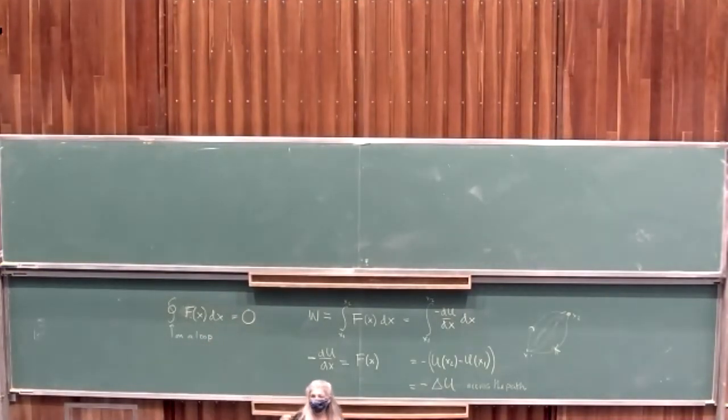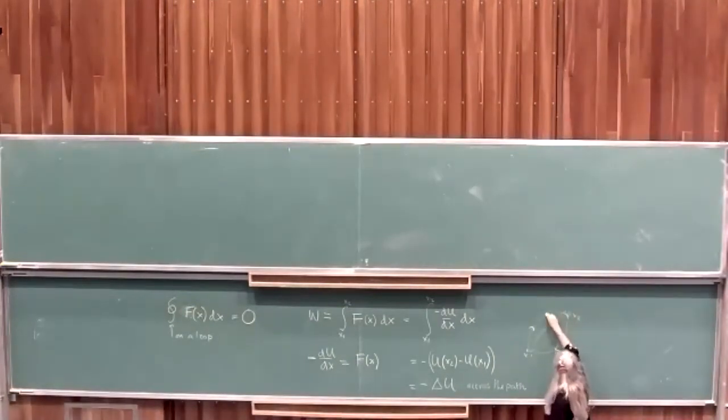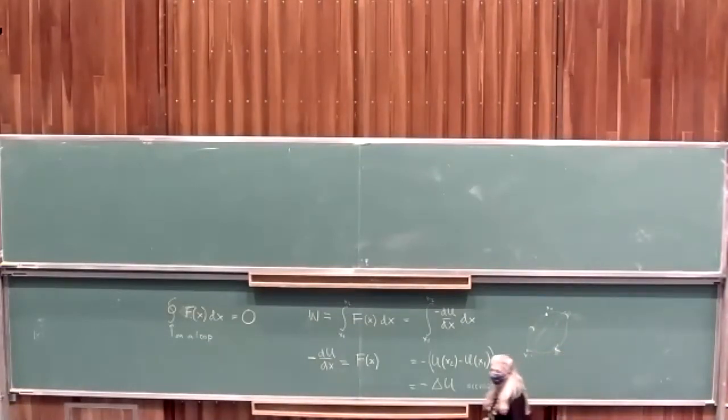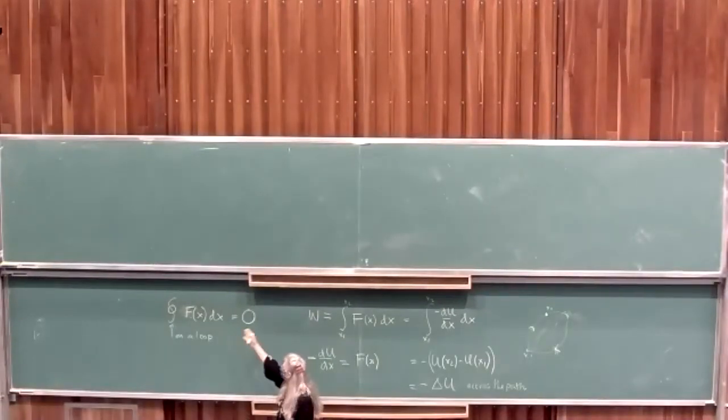It's just the opposite sign to go halfway and the other way around. And I can move x2 wherever I want. It doesn't really matter, because everything just depends on the potential energy, which changes along this path, and then I get the opposite sign going around. So this is always true in one dimension for any force.